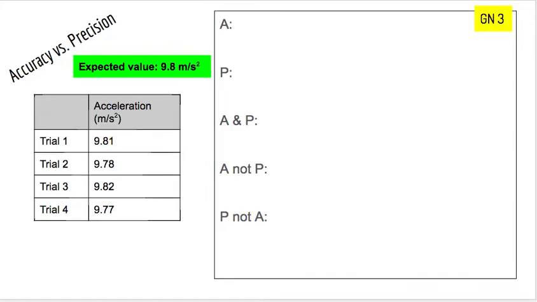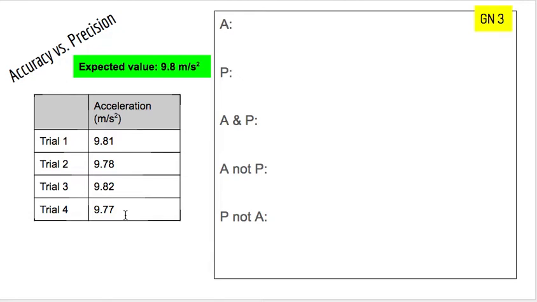Okay, last example. We have an expected value of acceleration due to gravity on Earth. This should be constant anywhere on Earth. And our trials, where we are testing the acceleration due to gravity, are 9.81, 9.78, 9.82, 9.77. For this class, these values are accurate.